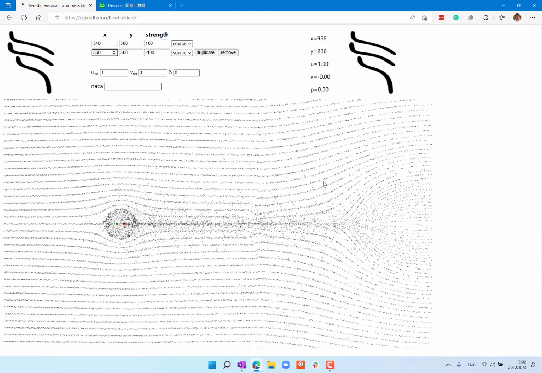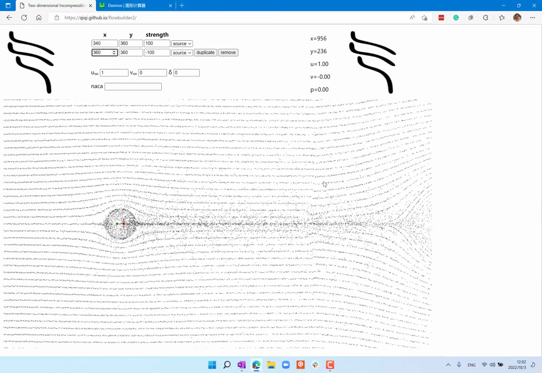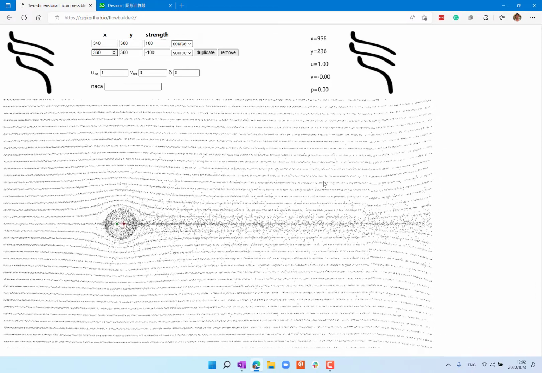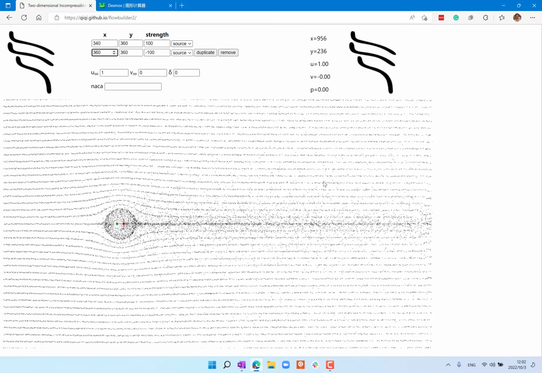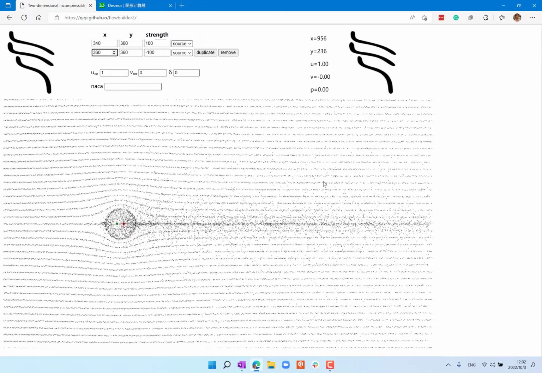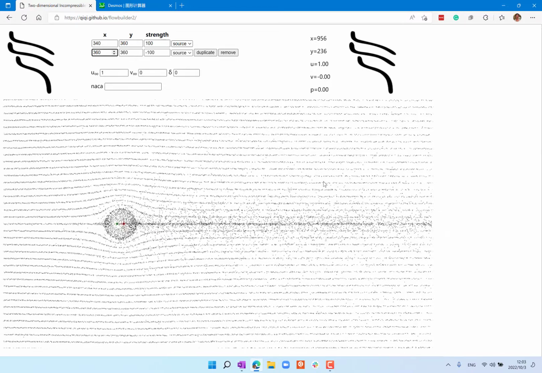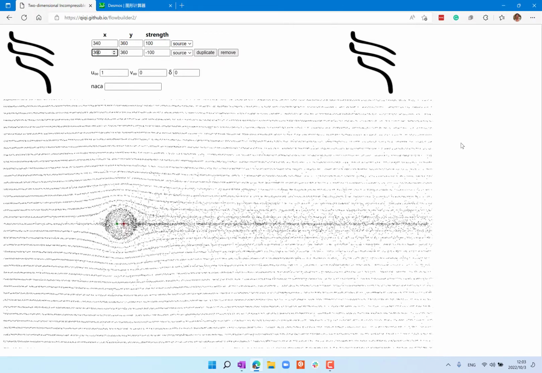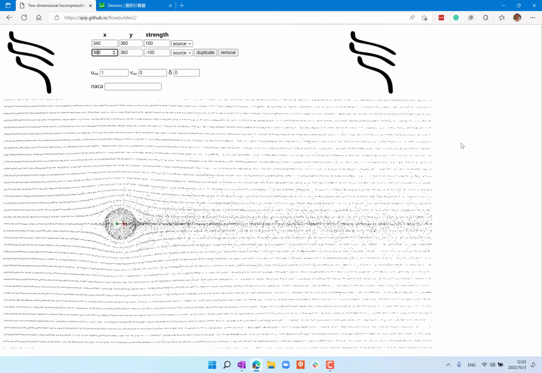You can prove that if you make this source and sink closer and closer to each other while increasing their strength, you are going to converge to exactly the same flow field as if you place two vortices opposing each other and make them closer while increasing their strength. That limit flow field, we can think about it as a compound of either two vortices or one source and one sink. It's called a doublet because it doubles. Anyway, that's called a doublet. And this is pretty close to the flow around the doublet.